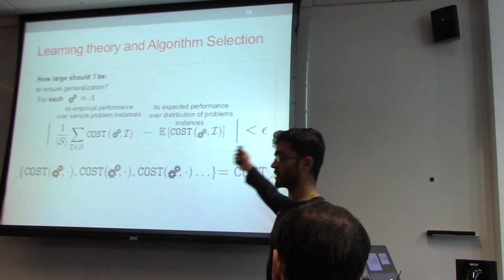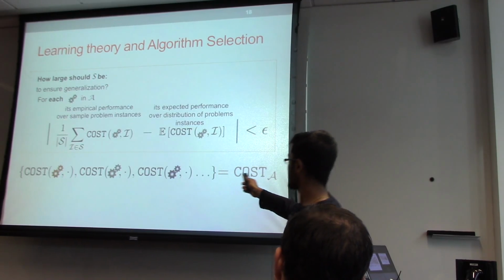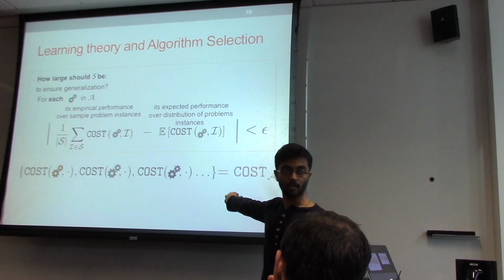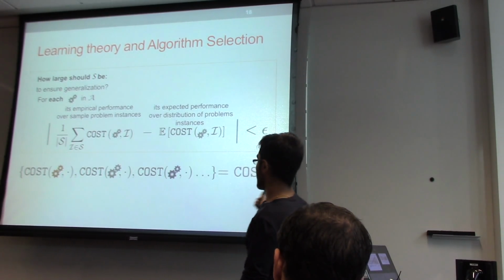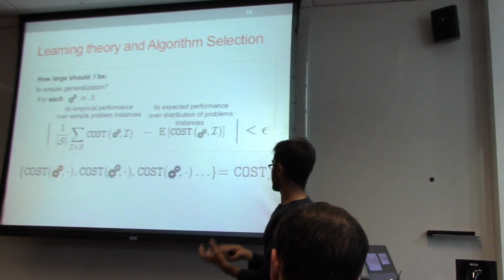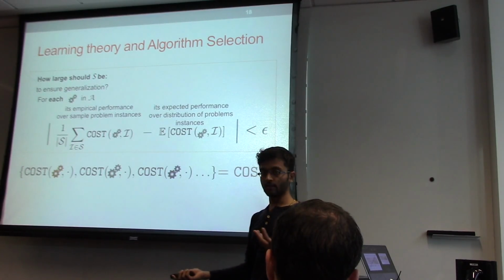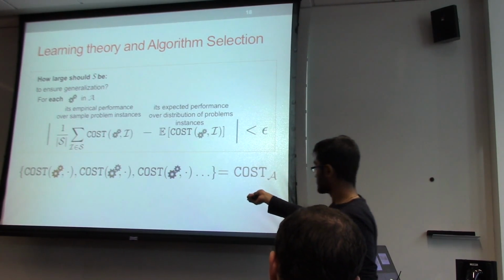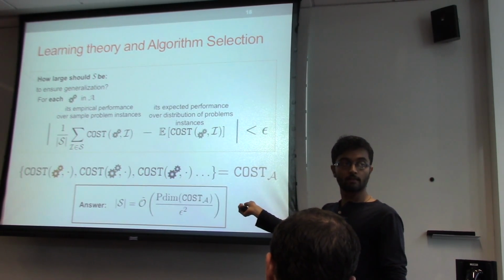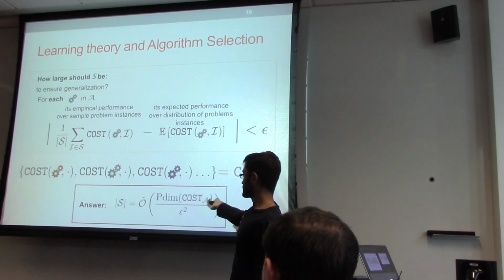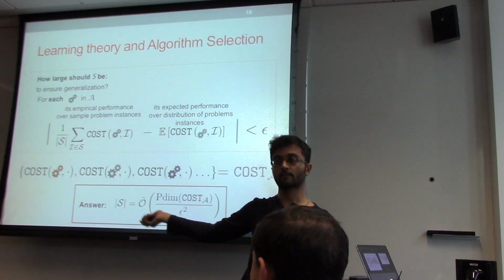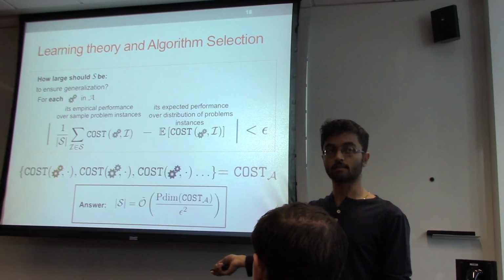To answer this question, in a similar manner, I can define cost sub A, which is the cost function instantiated for each algorithm. So basically this is an interplay between the cost and the set of all algorithms. I can answer similarly that the sample complexity is proportional to the pseudo dimension of cost sub A. So I can get this upper bound on the sample complexity.